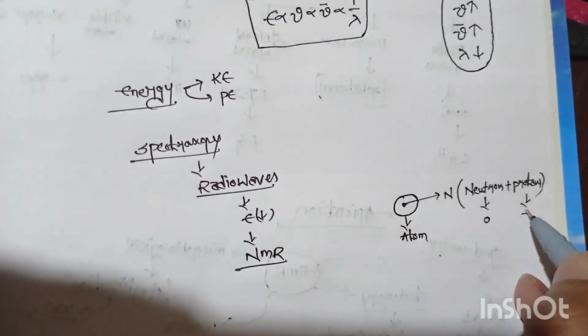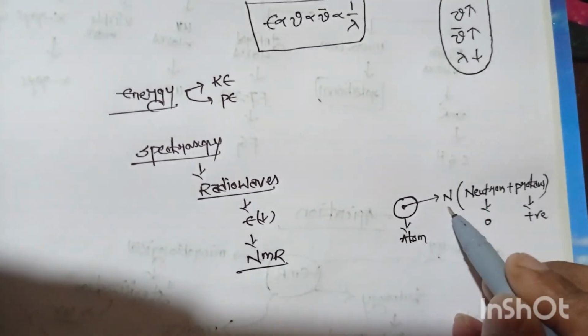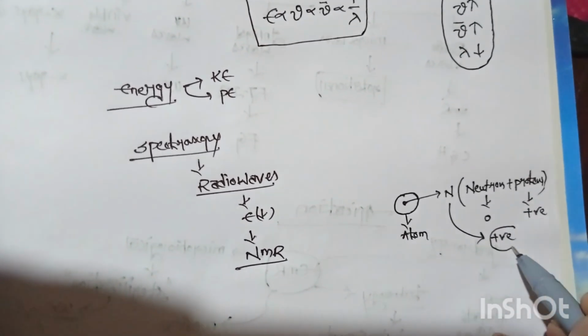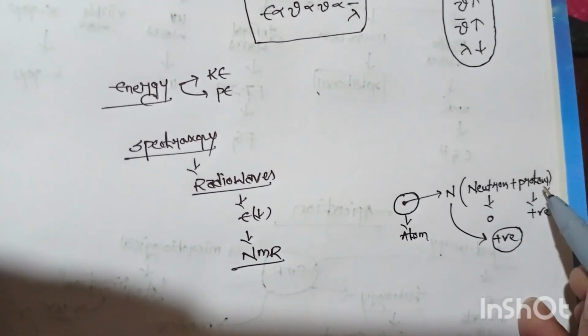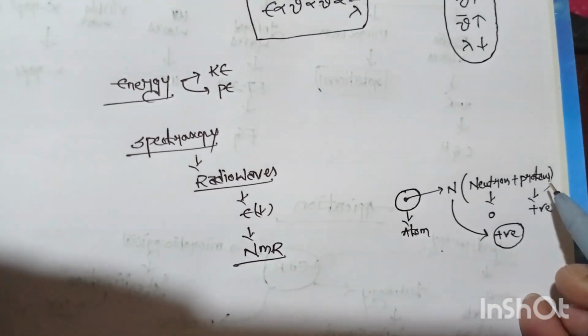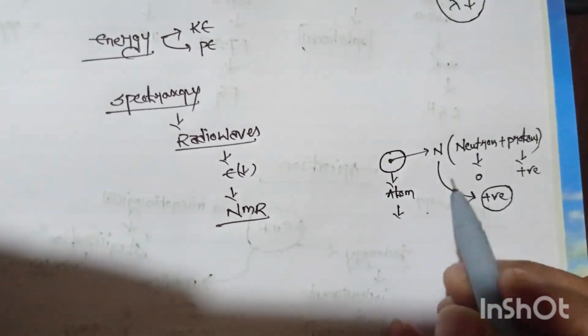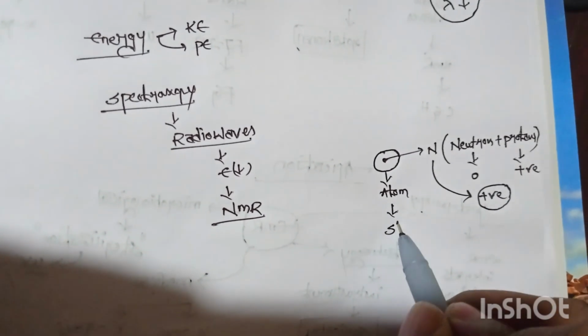Protons have a positive charge. So overall the nucleus has a positive charge, and that is due to protons only. Okay.